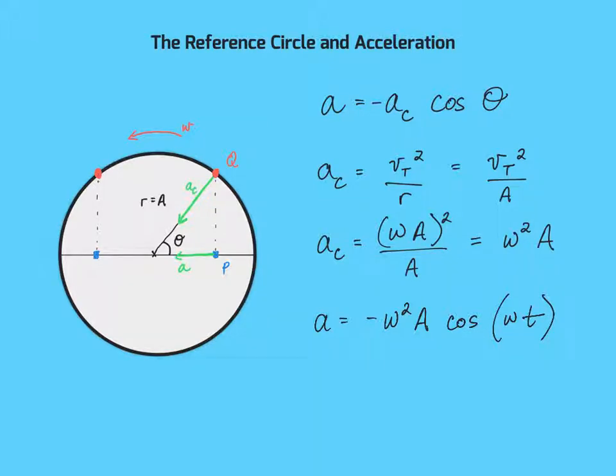So there's the derivations of all of our kinematic equations using the reference circle. The final slide is going to show how these all can be useful for us in terms of simple harmonic motion, specifically with masses on a spring.